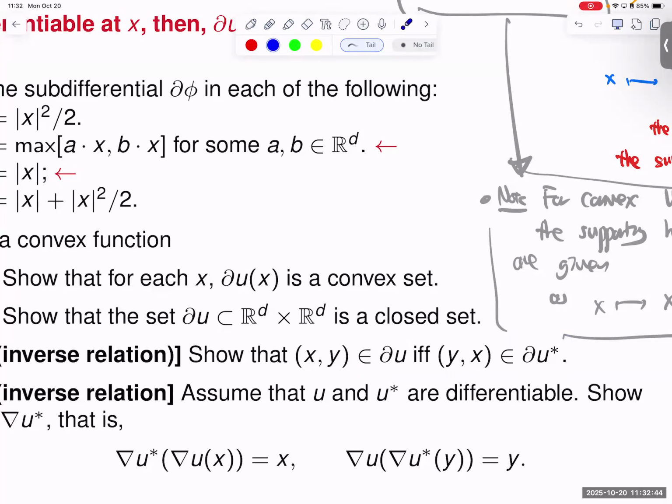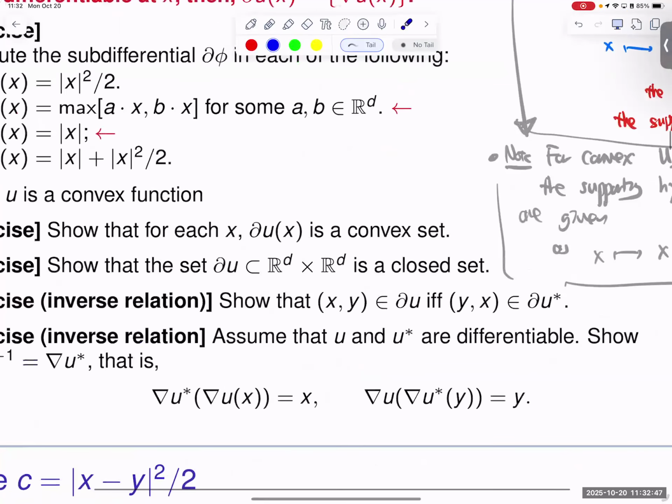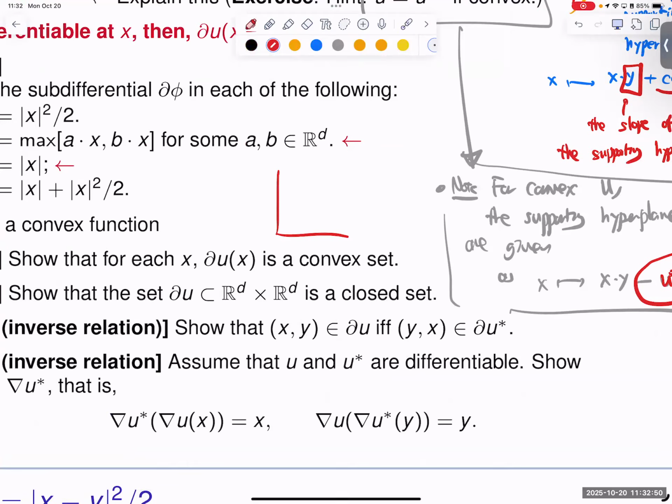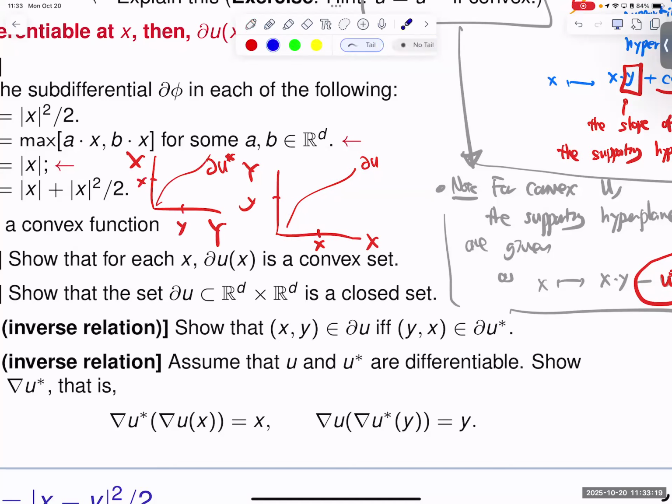So here you have the same set. You can view this set from the point of view of x, so that's why you consider this x first and then y. But you can consider the same set from the point of view of y. Let me write it this way: you have the subdifferential of u star, and for each y you have x. So these two sets are equal as sets in terms of the pairing (x, y).